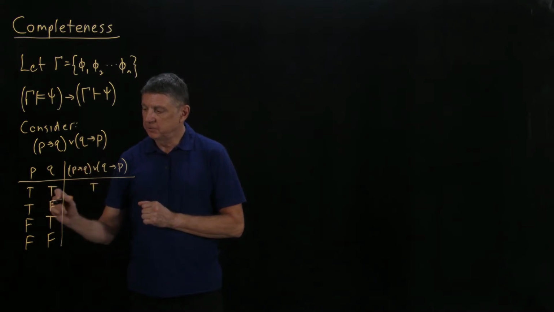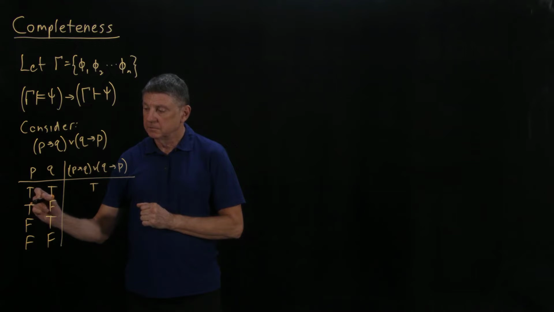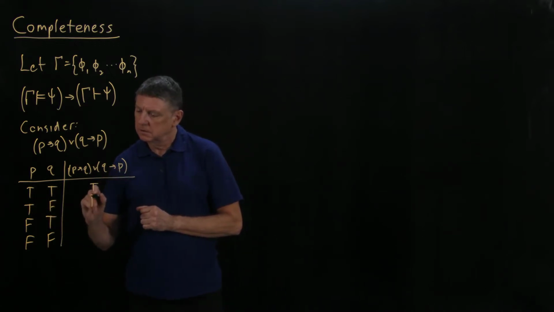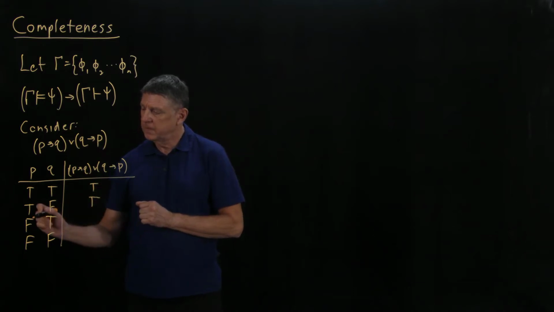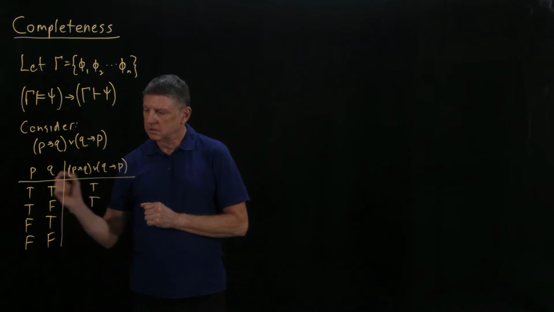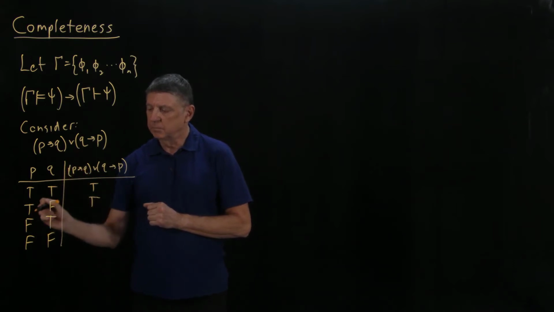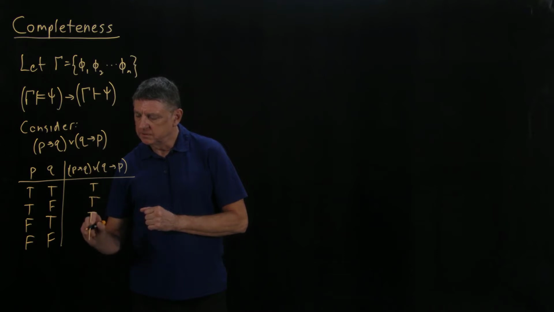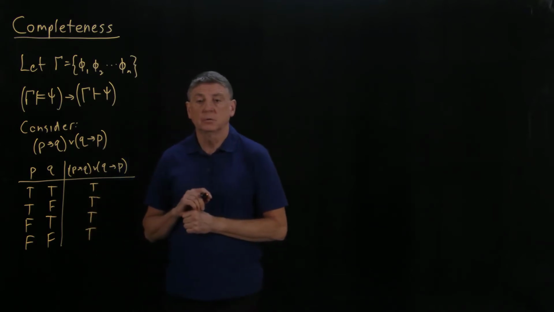Where P implies Q is false, Q implies P, the right disjunct, is true. And here, a false antecedent implies anything, and so this must always be true.